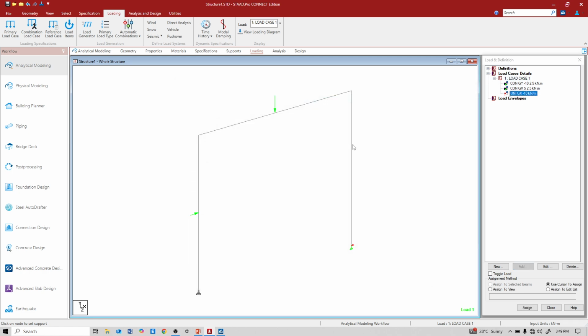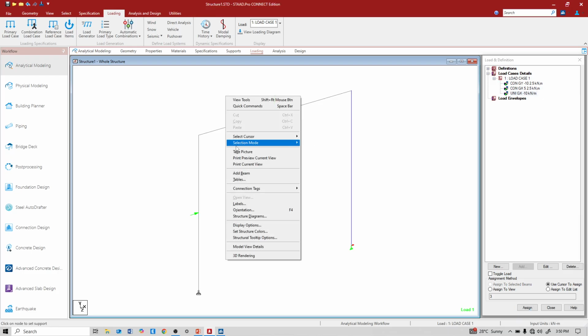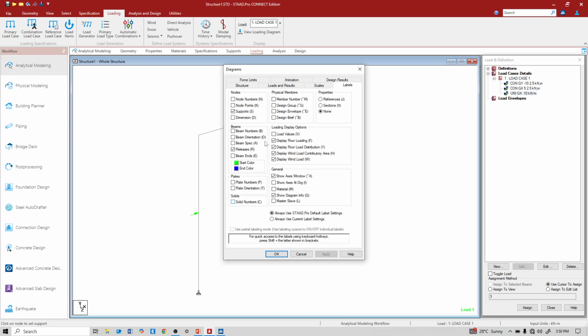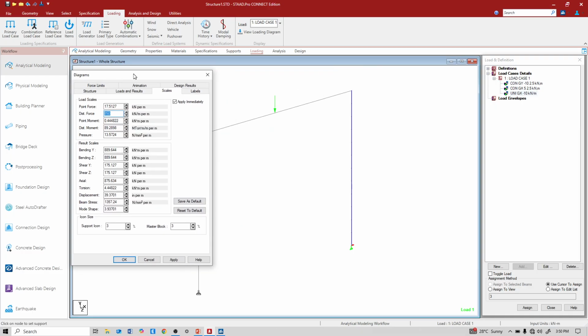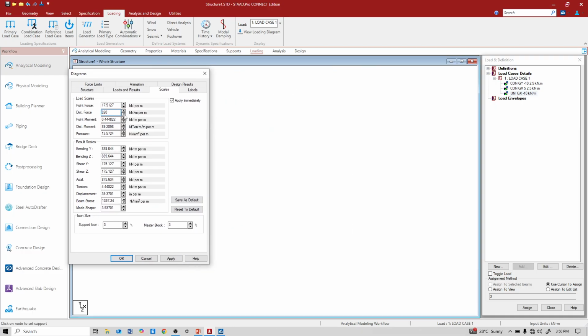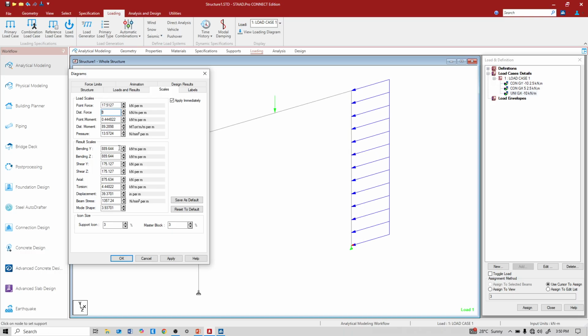This is select load, select, assign to selected beam, assign, yes. It is not seen, so right click, labels, scale, click on apply immediately, click on distributed force and reduce the scale. See, this force is correctly applied.